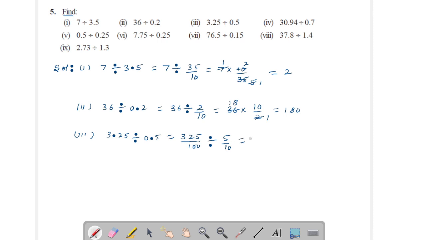This can be written as 325 upon 100 into the reciprocal of 5 upon 10, that is 10 upon 5. Now solve this. 5 1 0, here 5 6 0 30, 5 5 0 25. It is 65. Here you can cancel 0 by 0. This can be written as 65 upon 10. Put decimal, you will get 6.5.